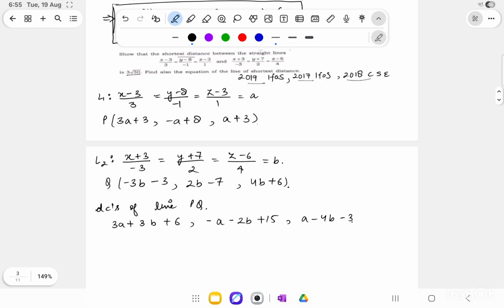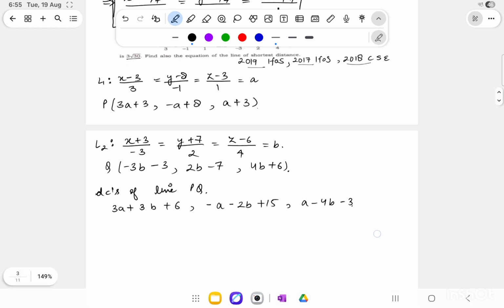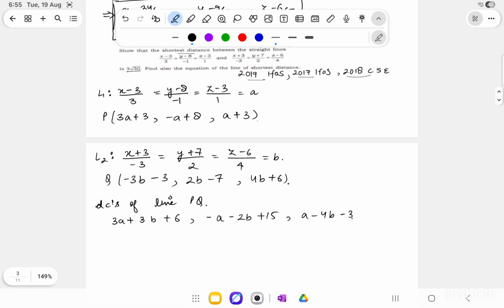So using the result of perpendicularity, we can calculate a relation between A and B. Using that, I'll get 3 into (3A + 3B + 6) - A - 2B + 15 + A - 4B - 3 equals 0.